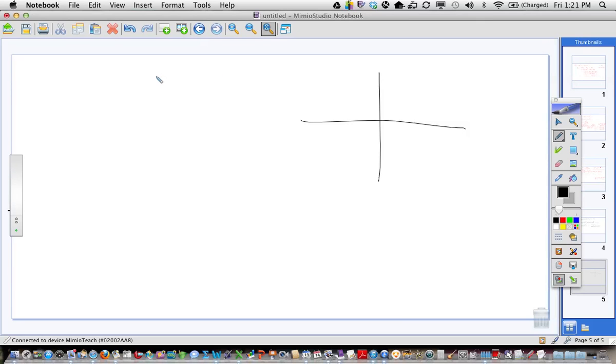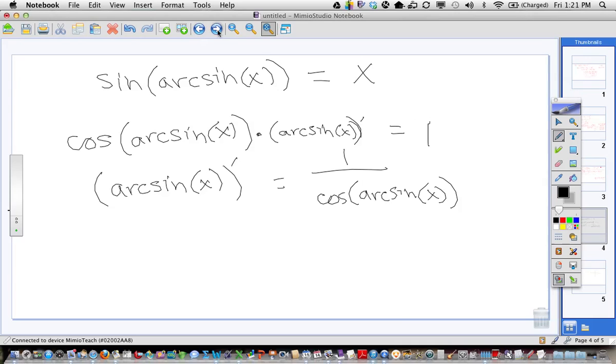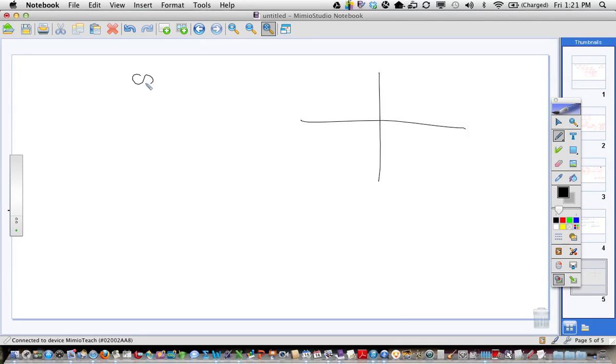So if I ask you for cosine of arc sine of 1/2, back in advanced math class, here's how you worked it. Arc sine 1/2 is like saying, what angle has a sine of 1/2?